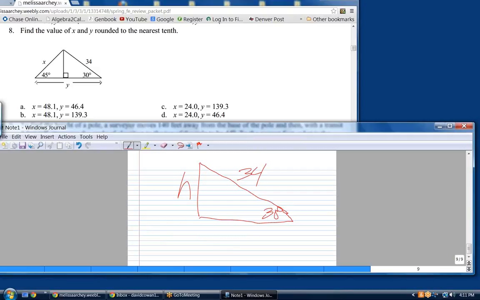In other words, we didn't come up with 17 by using the Pythagorean theorem. We came up with 17 based on the fact that this triangle is similar to this triangle, and this triangle is 17 times bigger than the unit triangle. Therefore, this side that's opposite the 30-degree angle has to be 17 times bigger than the side opposite the 30-degree angle in my unit triangle. Okay. And that's where we got 17.